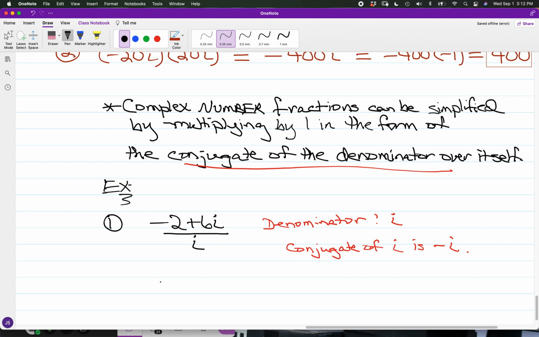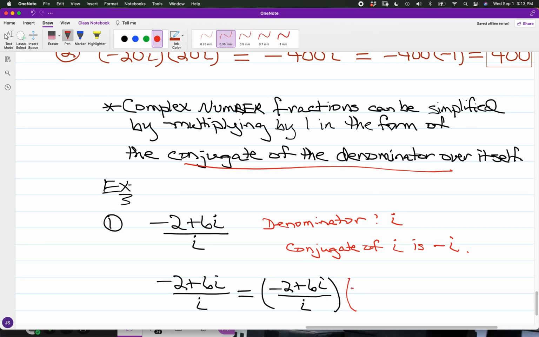Okay, so looking at reducing, you have negative 2 plus 6i over i, and if I multiply by the conjugate of the denominator over itself, so I have negative i over negative i.